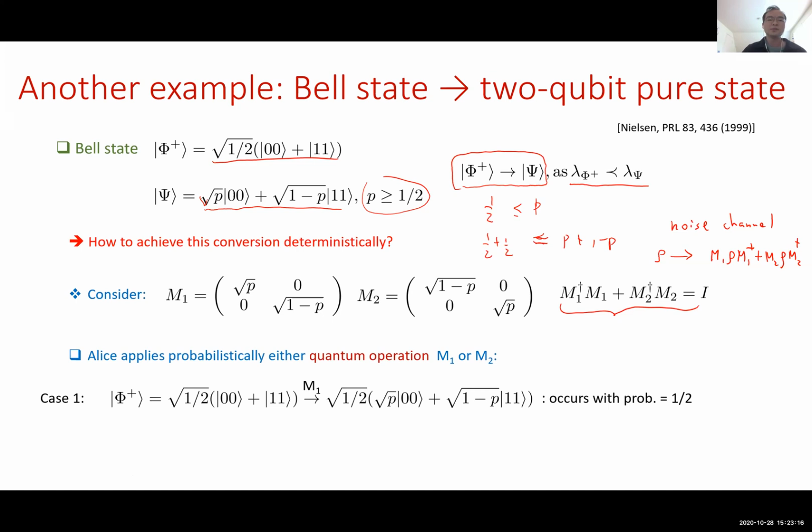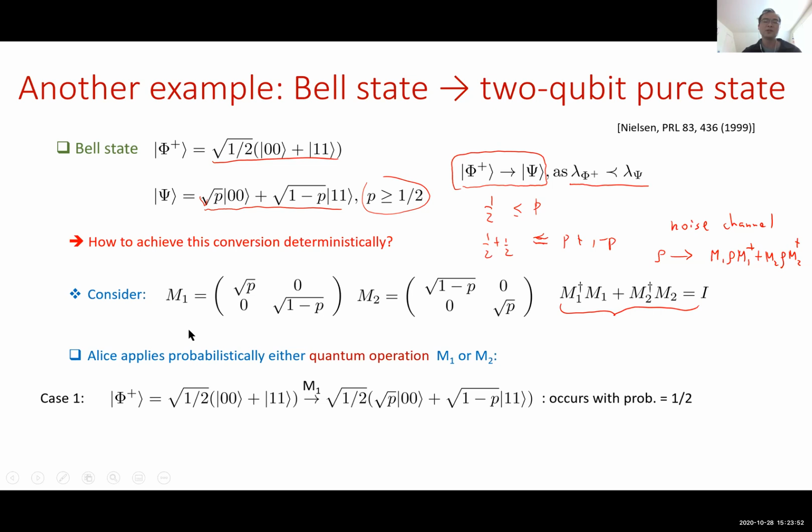But let me go to the deterministic transformation. Suppose this is Alice, she can only apply M1 and M2 probabilistically, but she knows what is applied. Because this is related to, you apply a joint unitary on the qubit you want, and also the added ancilla, which in the noise case is the environment. You do a global operation.